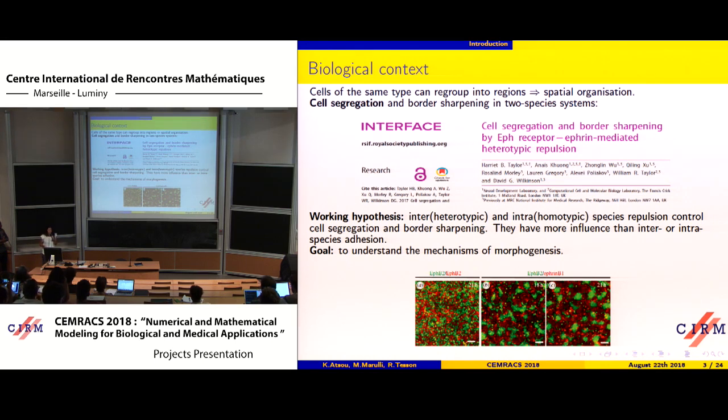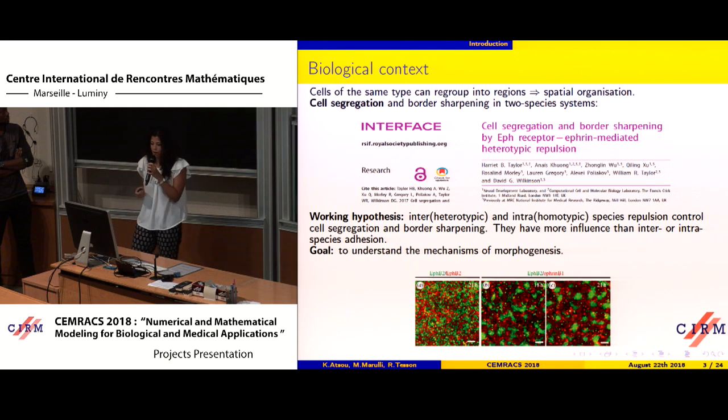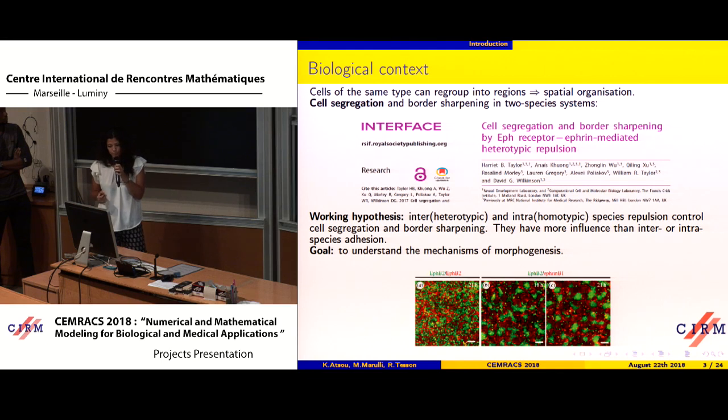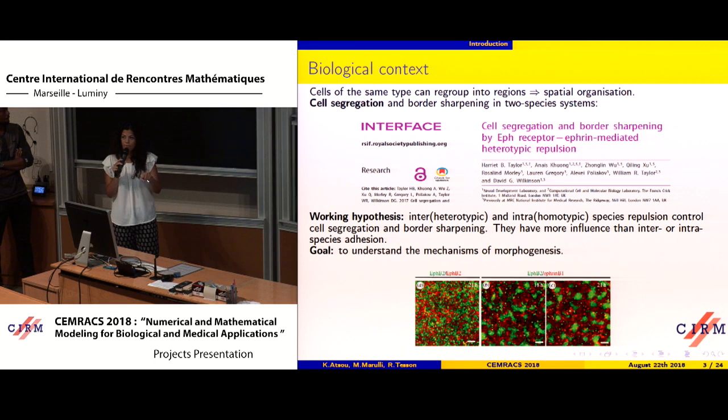Our starting point is the paper that we see here, a work published by researchers at the Francis Crick Institute in London. These researchers performed a lot of experiments to understand the principal mechanisms that influence cell segregation, in particular cell adhesion, which means that cells tend to attach to each other, and repulsion, which means that cells get away from each other.